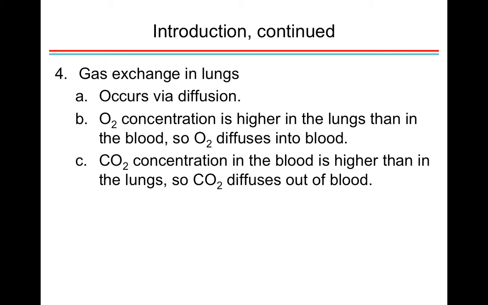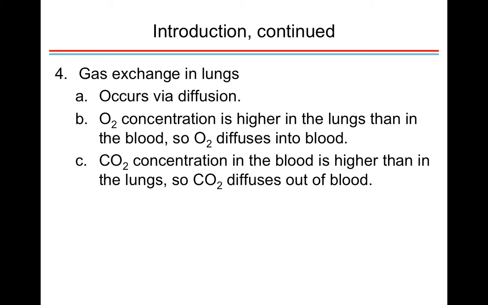Notably, gas exchange in the lungs occurs by diffusion. And as we talked about before, gases can freely diffuse across the membrane of cells. So this is a very easy process. And the oxygen concentration is higher in the lungs than it is in the blood.